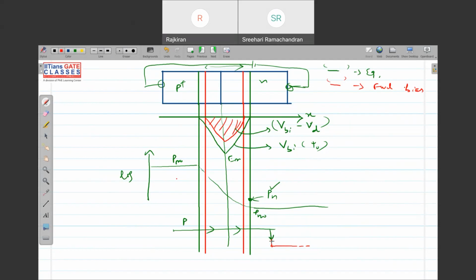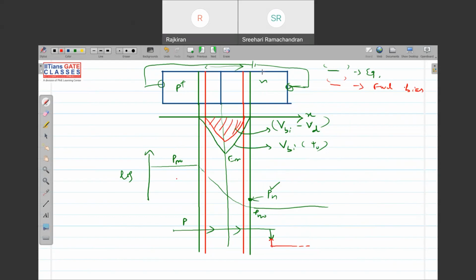So since it is electrically neutral, the holes have been injected from P side to N side, we have more number of holes, and they will recombine with the electrons that will be injected by the contact.